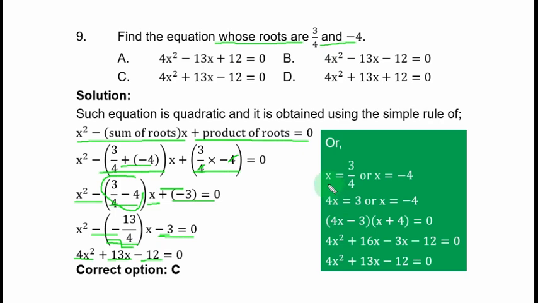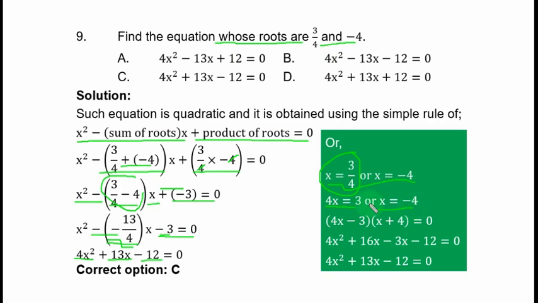You equate each root to s in this form, because these are the answers you get if you solve the equation. All right, so here we clear this fraction first by multiplying through by 4, just this side. So you have 4s equal to 3, or s equal to minus 4.